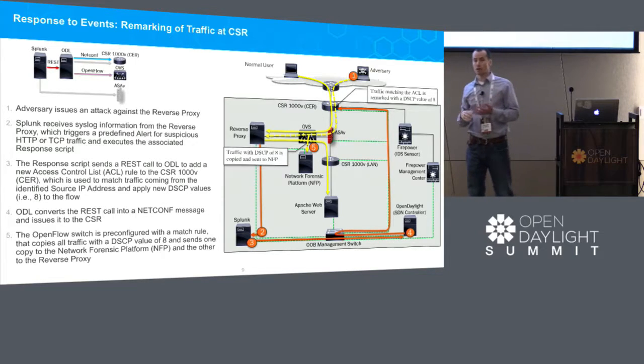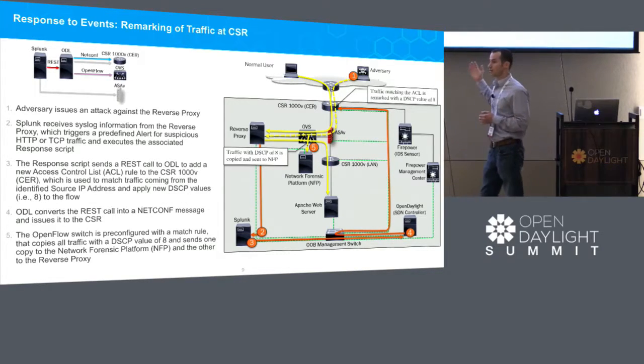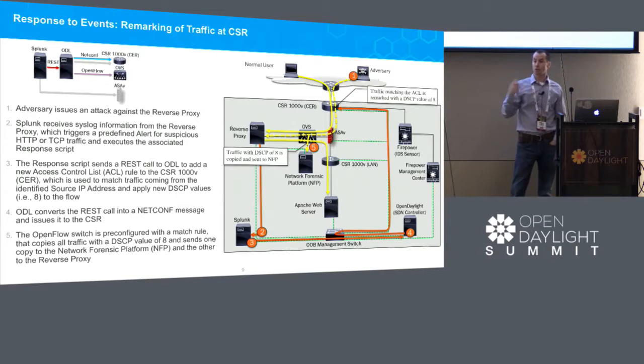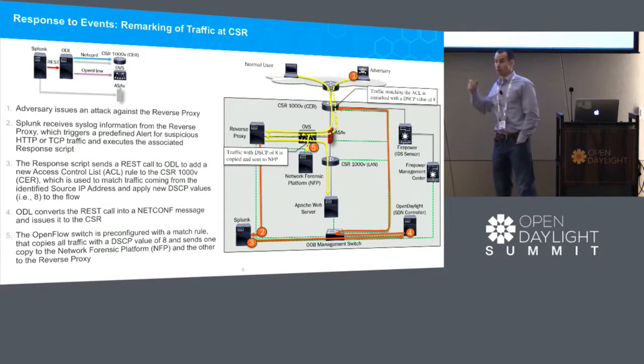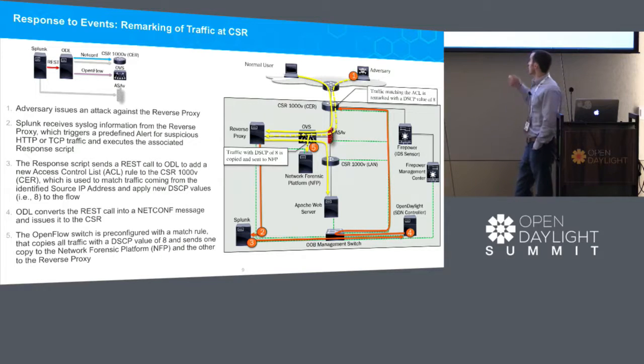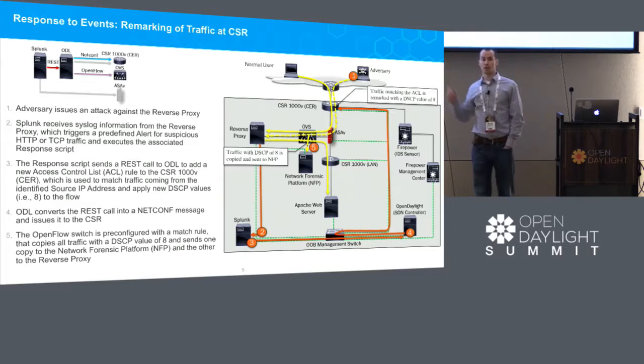Based on the syslog information, the NetFlow data, as well as the Firepower information, we're determining at Splunk that an event has occurred that's triggering an alert, which has a corresponding script that is making a REST API call to OpenDaylight to parse out the source IP address of the attack source and creating an ACL that gets pushed to the CSR.